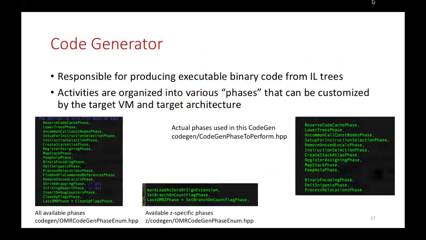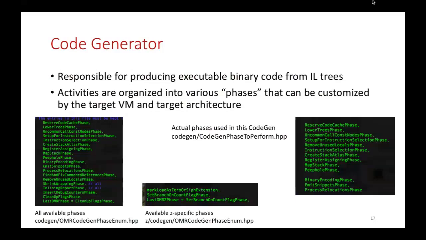Just a quick thought about the code generator. Ultimately, its role is to produce binary code from IL. A lot of steps happen between IL being introduced and when the binary code is actually produced.